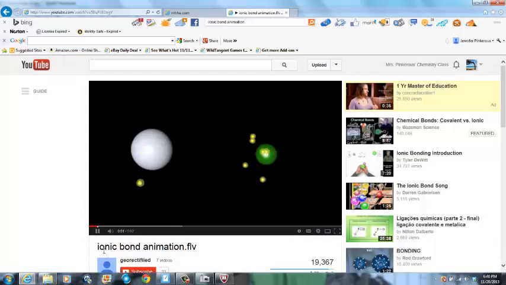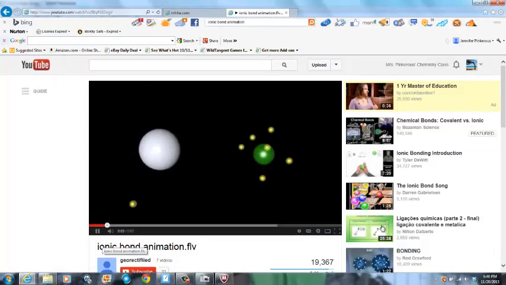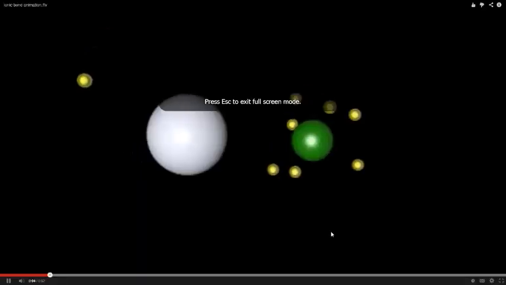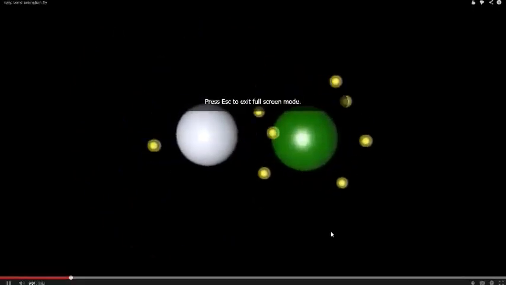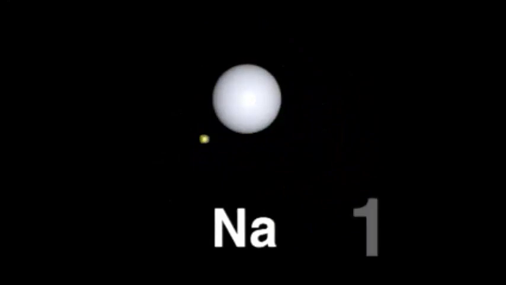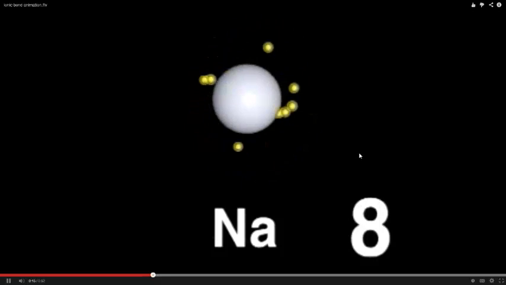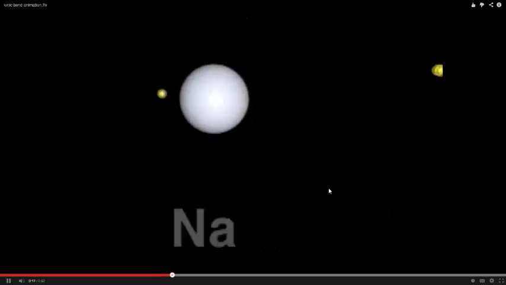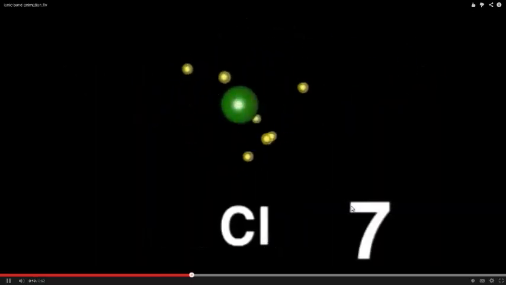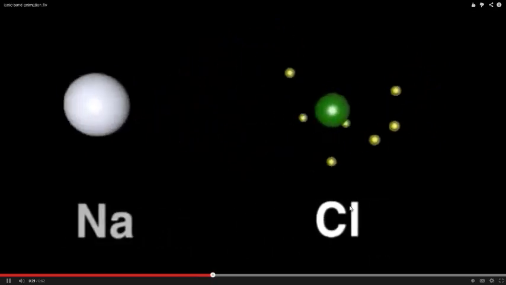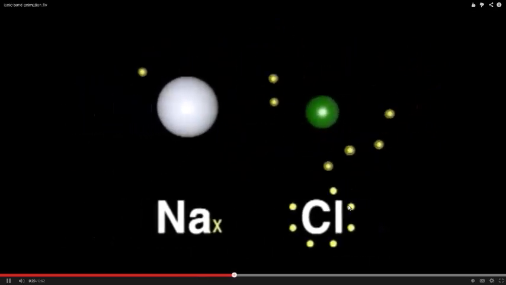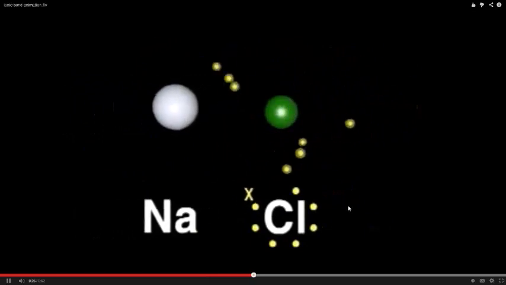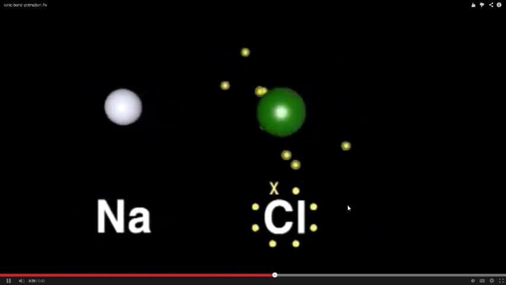Ionic bonding occurs between two atoms when one of the atoms has sufficient strength of attraction to remove an electron from the other atom. Notice how the electrons are mobile. Sodium has one valence electron with a stable energy level below containing 8 electrons. A chlorine atom has 7 valence electrons. If the atoms collide with sufficient energy, the chlorine atom will remove the electron from the sodium.